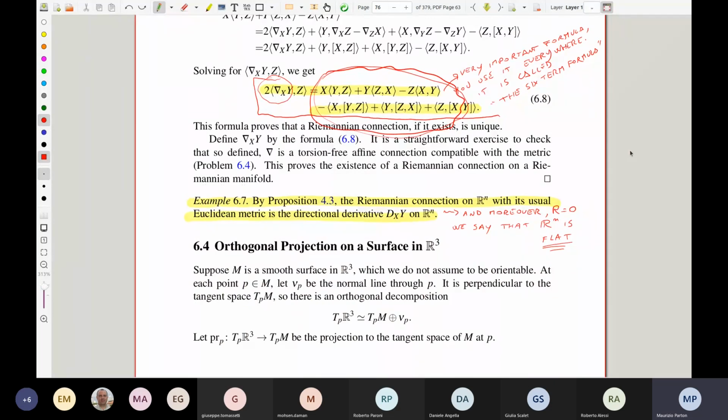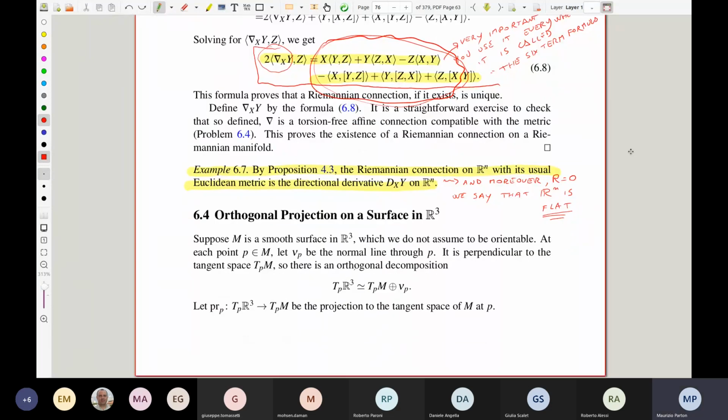The theorem I was telling you before is true only for the Riemannian connection, the Levi-Civita connection. A Riemannian manifold is flat, locally isometric to R^n, if and only if the curvature of the Levi-Civita connection is 0. Okay?